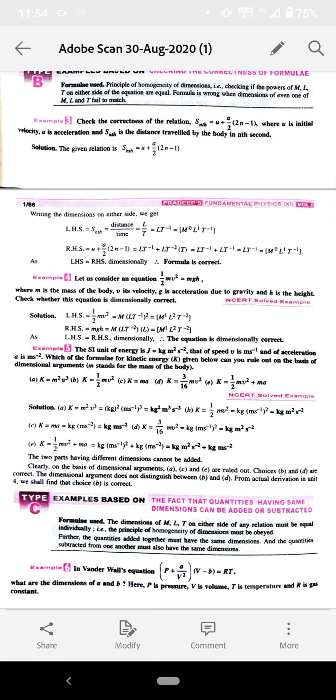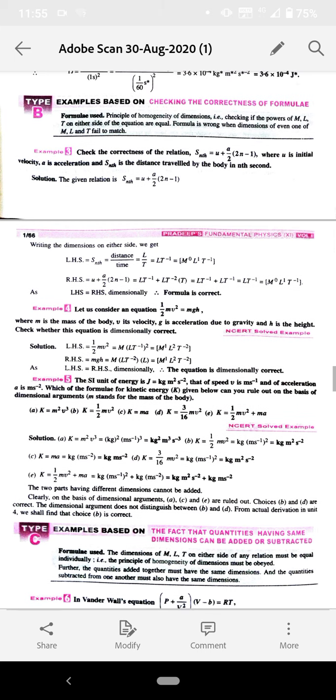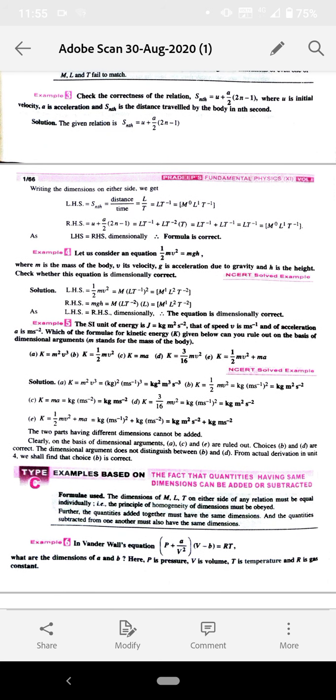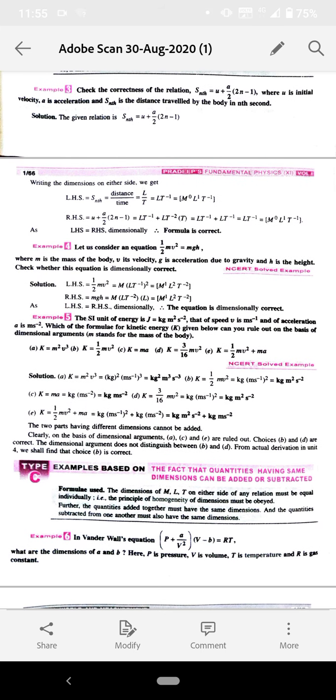The dimension of n is T, because in the question it is the distance traveled by the body in n seconds, so n represents time. So this becomes L T^-2 into T, which becomes L T^-1. Therefore the dimensional form of all the three terms is L T^-1, which is equal. So the formula is correct and this equation is dimensionally correct.